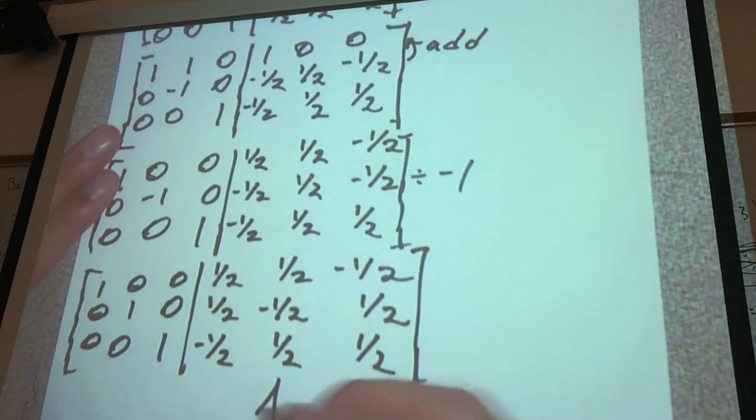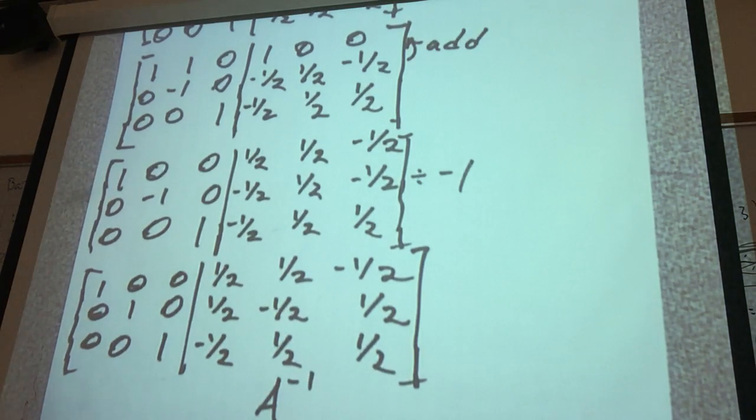Okay. So that is my inverse matrix of the original matrix that I was dealing with. Why don't we check our answer to see if this really actually makes sense?